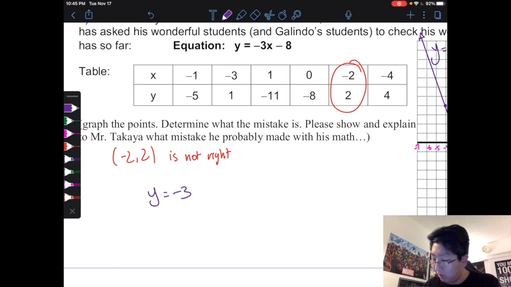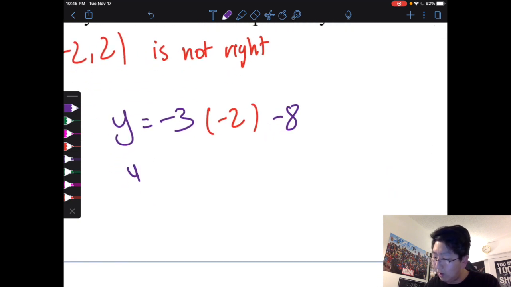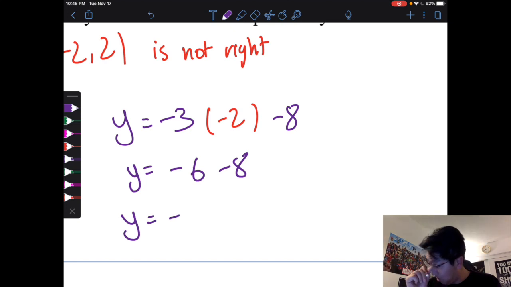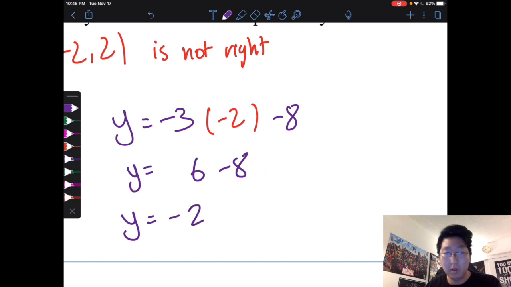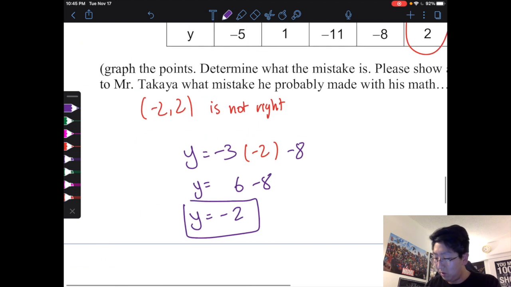Y equals -3 times -2 minus 8. Y equals... oh no, sorry, not -6. Positive 6 minus 8 should be -2. Oh, he put (-2, 2).